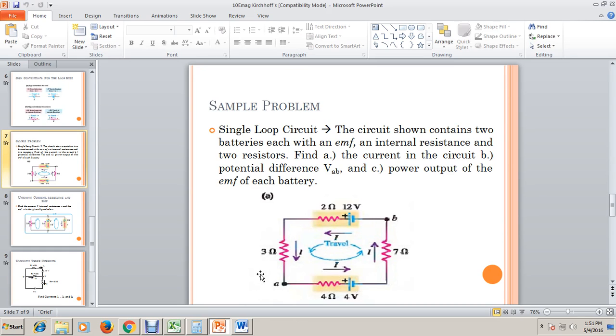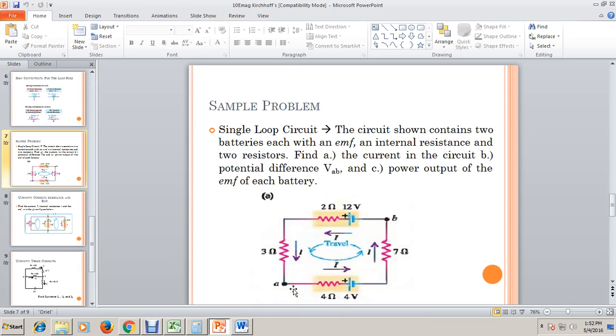We could assign the upper branch as this one, which includes the 3 ohm resistor and the 12-volt battery. And the lower branch would be this one, which includes the 4-volt battery and the 7 ohm resistor.